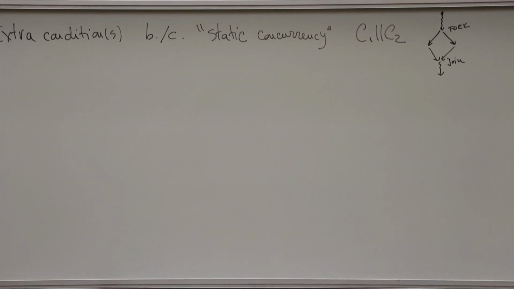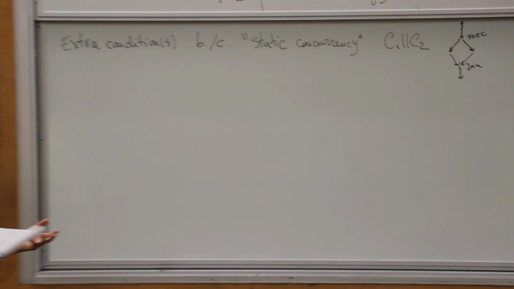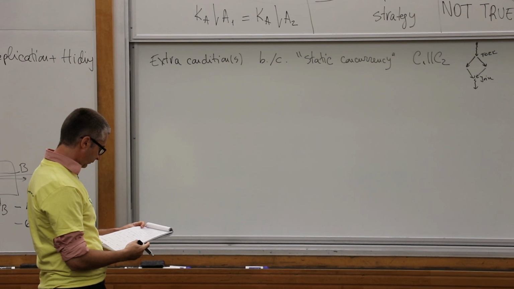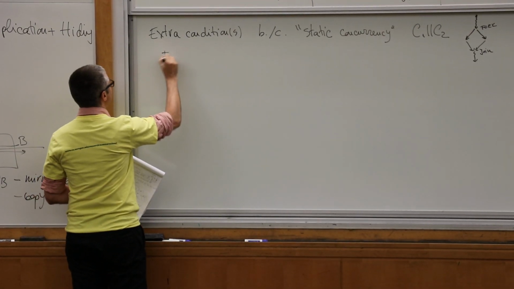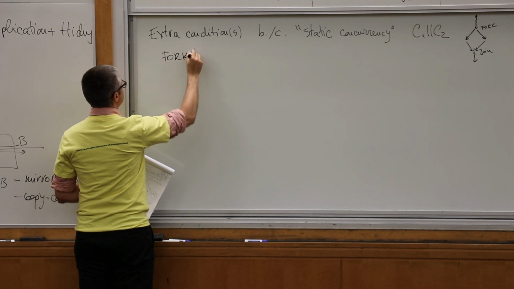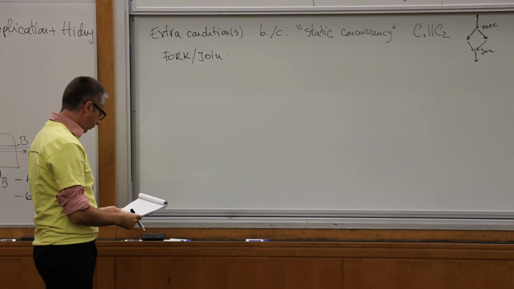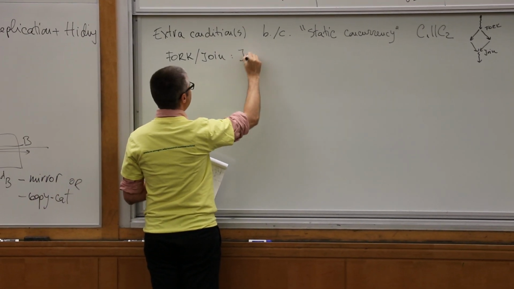So this is the pattern of interaction that we want to capture by our conditions. So fork and join, this is just what I said there.